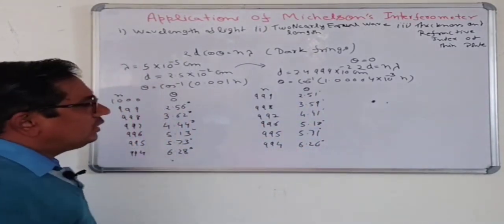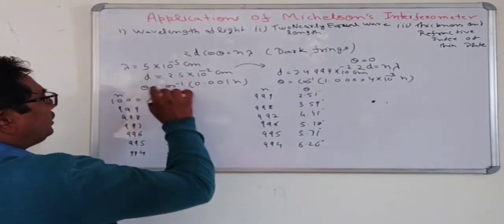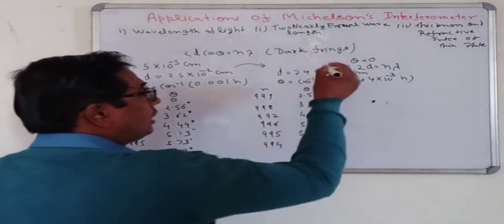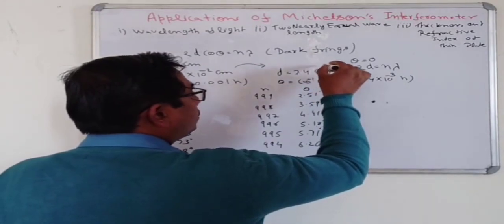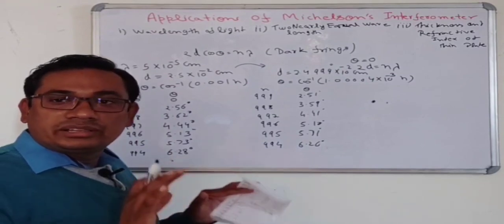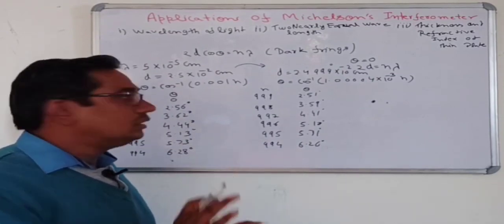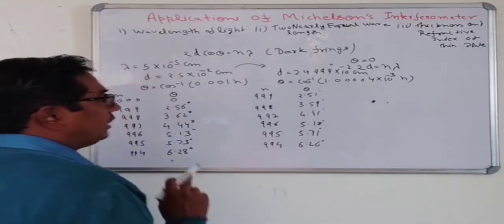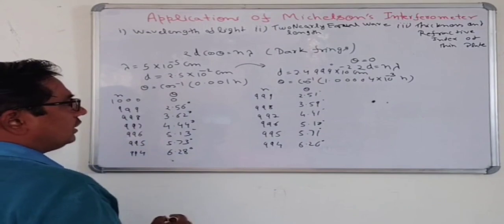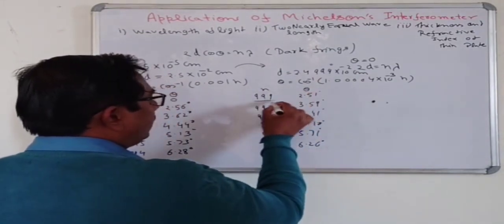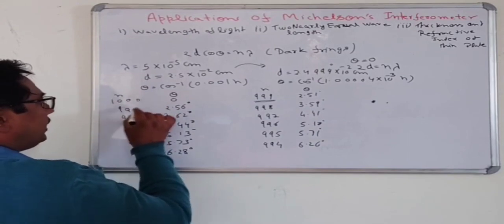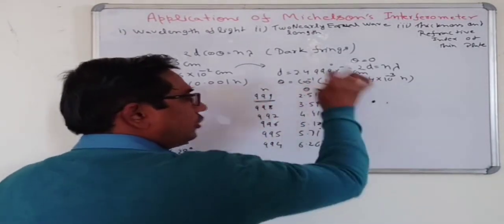Now you can see that when d is decreased slightly, we are working at the decimal 1, 2, 3, 4 places. It means you know the sensitivity of this experiment. When d is decreased slightly in this order, the maximum value of n is 999, because the value 1000 is invalid in that equation.